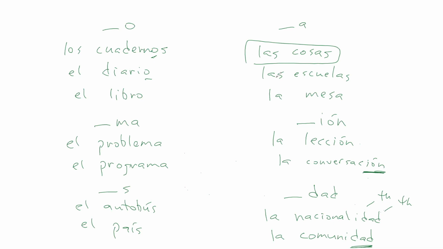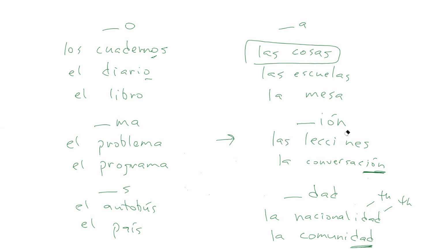If you have words that end in consonants, you're going to add ES. Like down here, la lección. If we want to make that plural, it's going to be lecciones. We'll add an ES. So it'll be las lecciones.